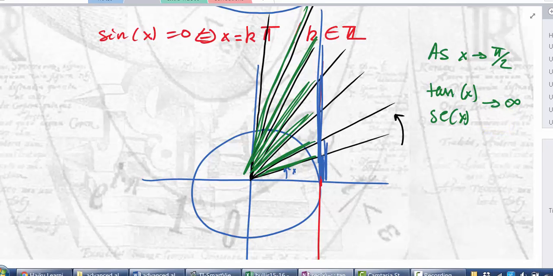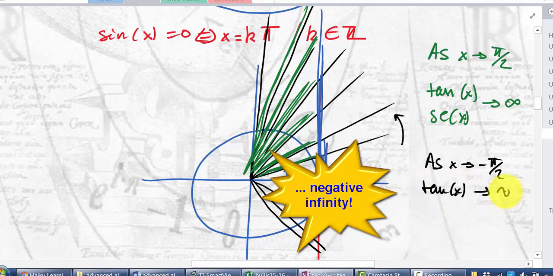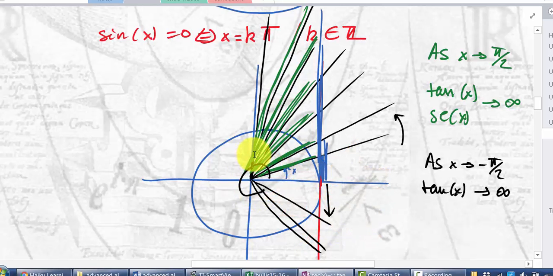And you can understand why in the other direction. If x approaches negative pi over 2, then you're going in this direction. Tangent x approaches negative infinity, while secant x, I'm turning the other way, this is the terminal side, and secant x is going to be positive.